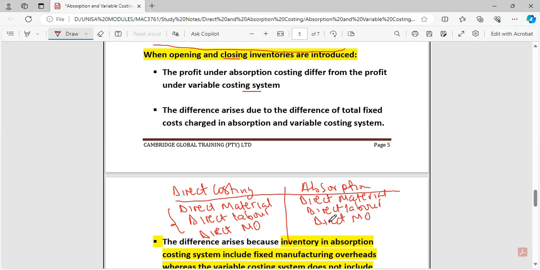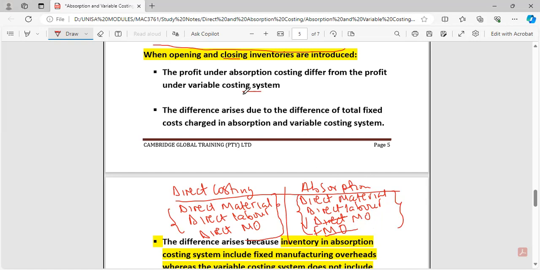It's not direct, it's variable, sorry. Then you are also going to use your fixed manufacturing overhead. So when you do your inventory valuation under these two costing systems, you will find that the inventory value under direct costing is going to be less as compared to absorption costing, because in absorption costing, you are going to include the fixed manufacturing overheads in the cost of your inventory.